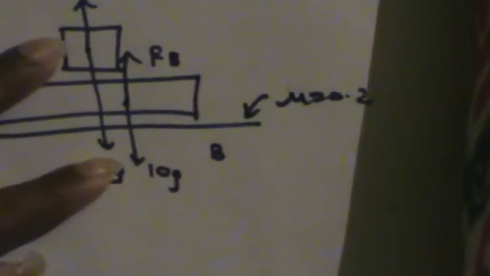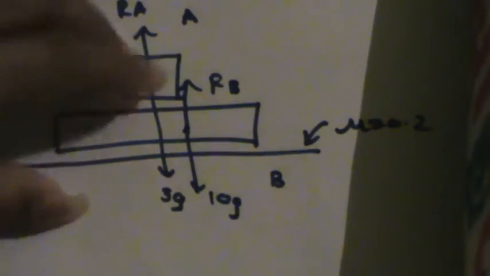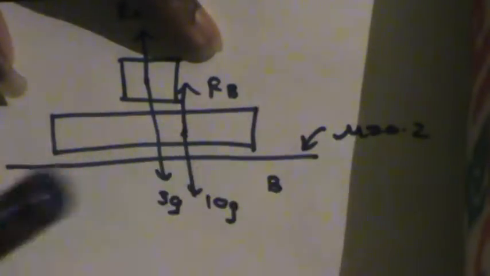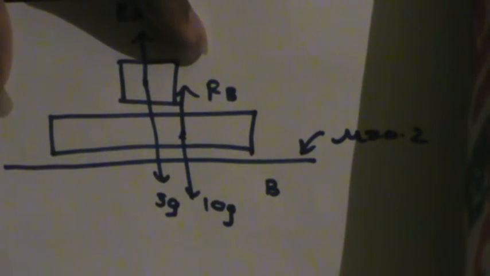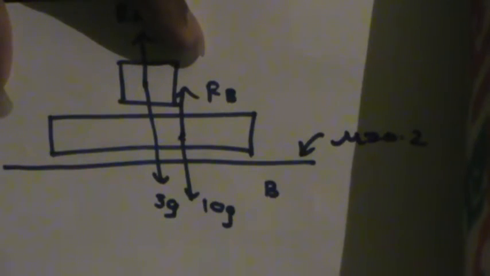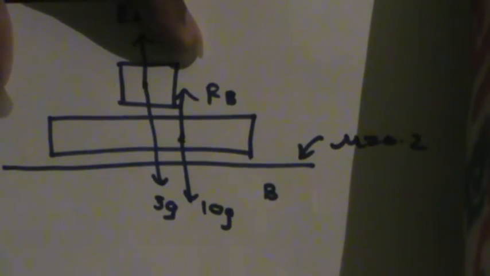So if there is only friction between the bottom object and the floor, that is the total frictional force. Now if I apply a force of say 20 newtons here, right?